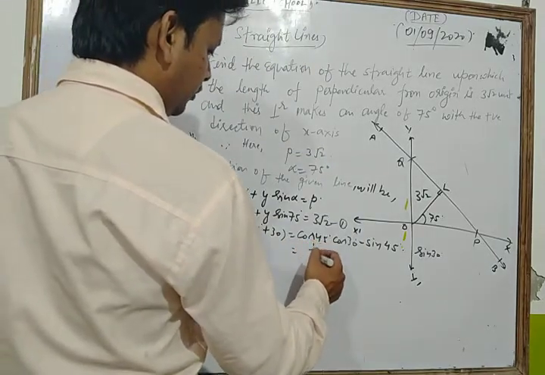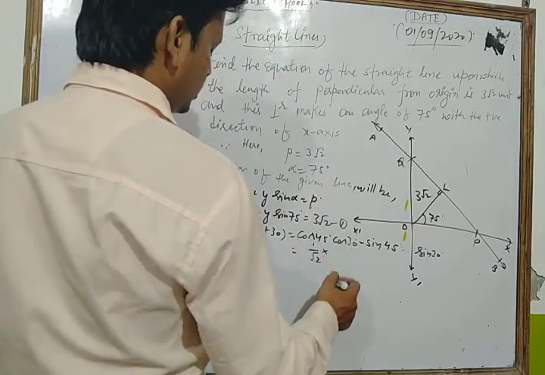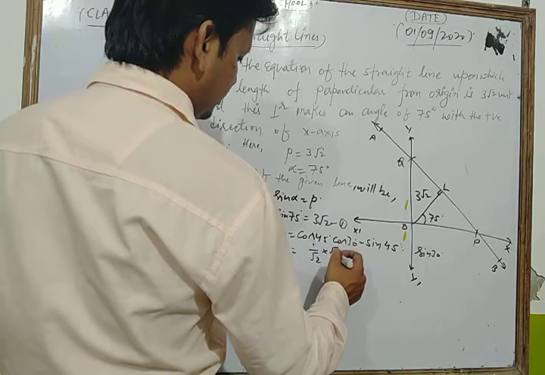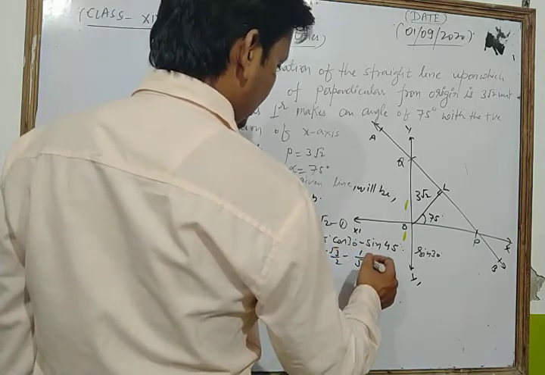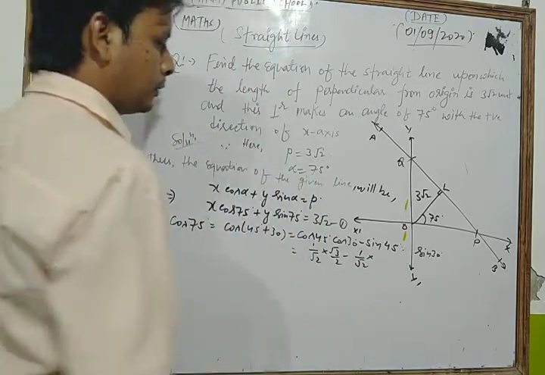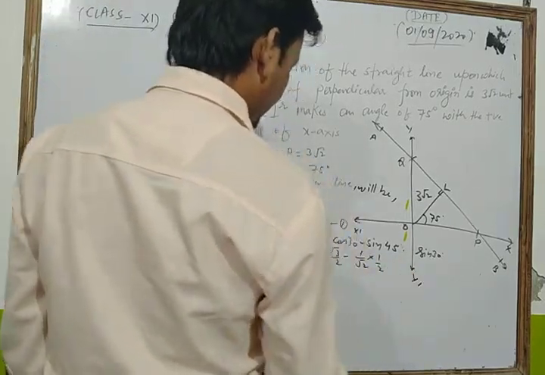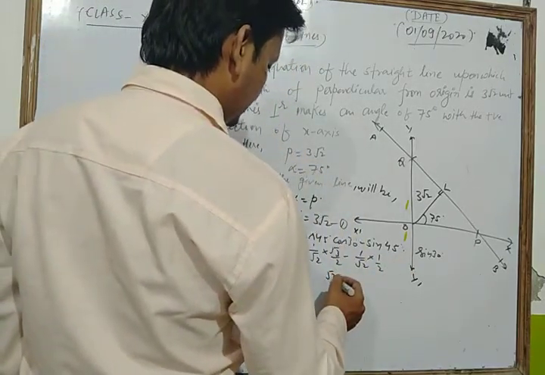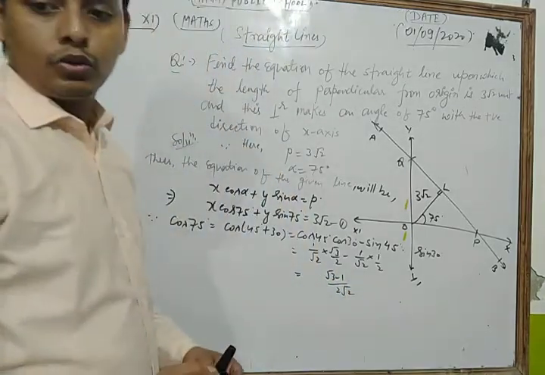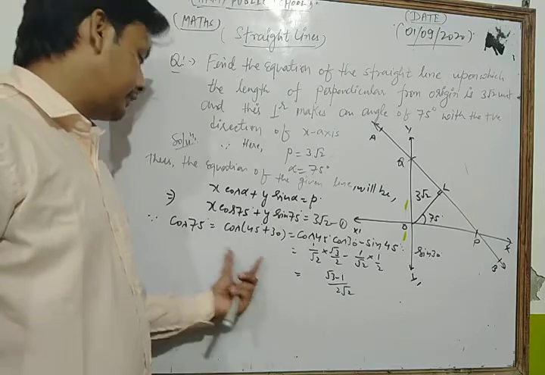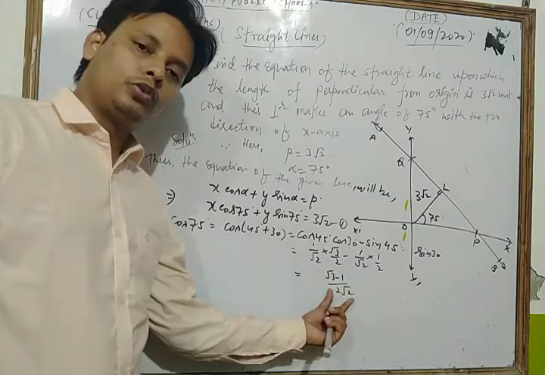The value of cos 45 is 1 by root 2, the value of cos 30 is root 3 by 2, sin 45 is 1 upon root 2 and sin 30 is 1 upon 2. Now we take 2 root 2 as LCM, so we get root 3 minus 1 upon 2 root 2. So the value of cos 75 is root 3 minus 1 upon 2 root 2.